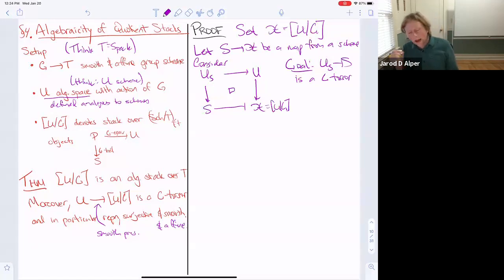Okay, so I think you raise a good point. What we want is for this map to be representable, period, not necessarily representable by schemes.